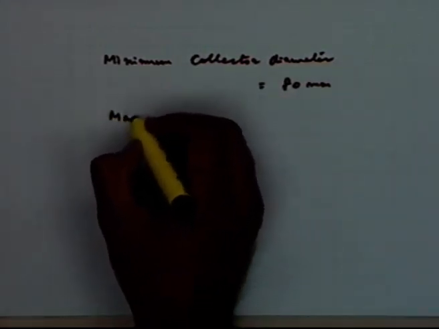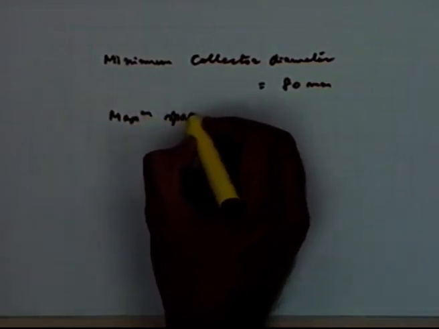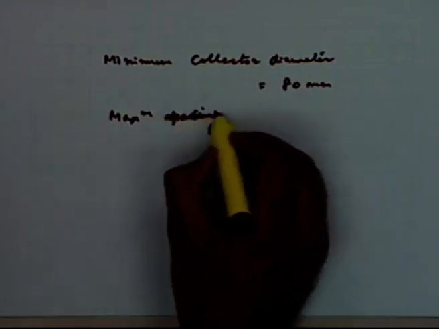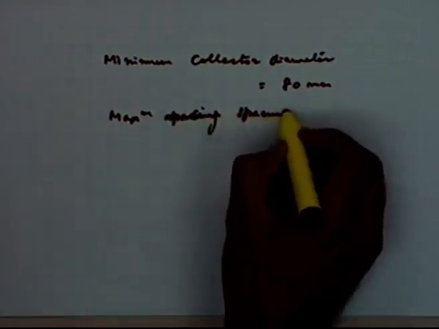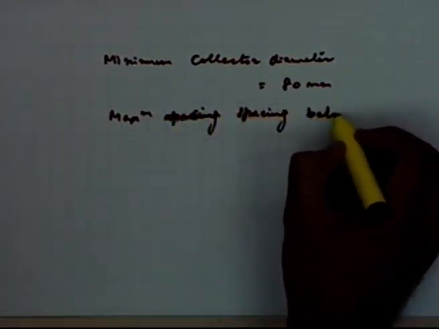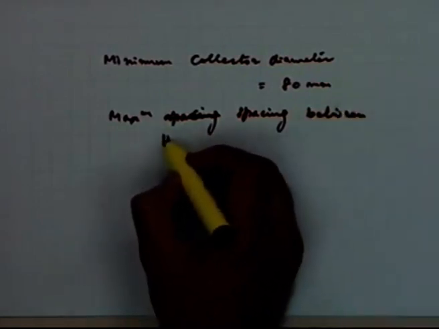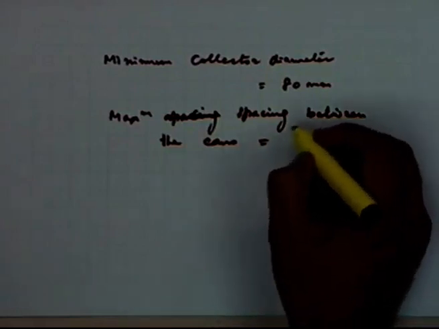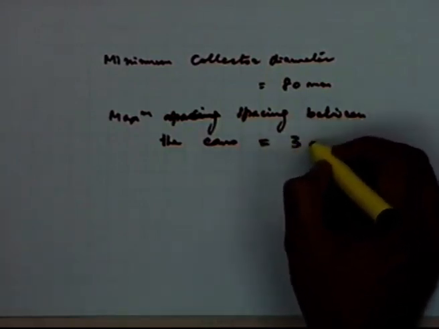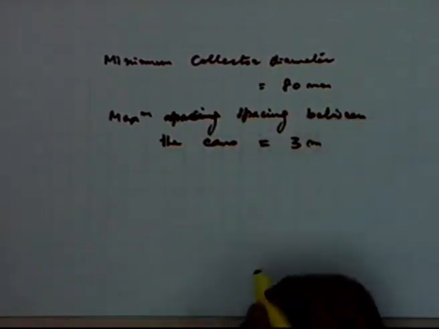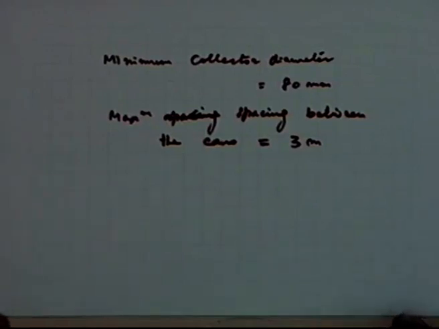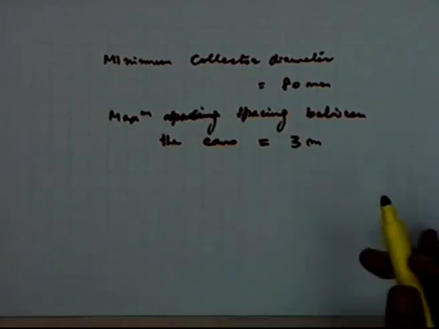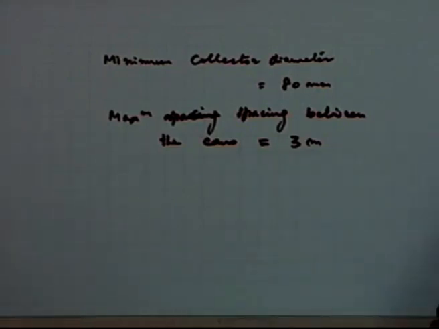Similarly, the maximum spacing between the cans should be of the order of 3 meters. You shouldn't try to have spacing between the cans more than 3 meters.